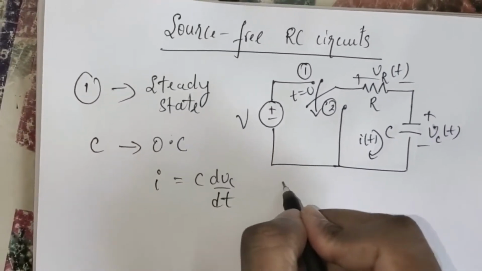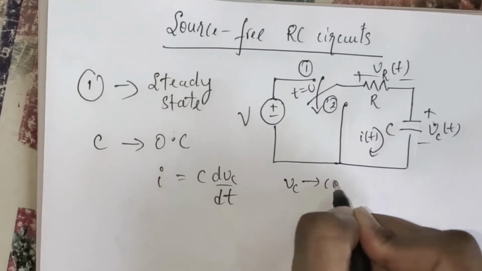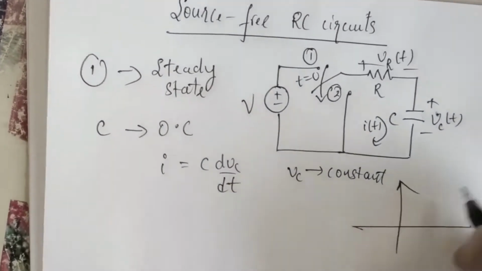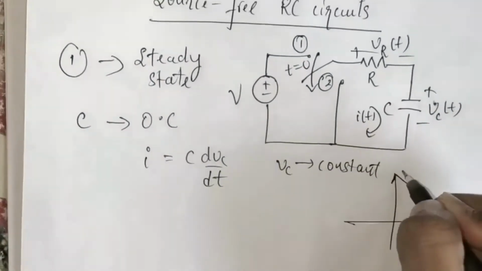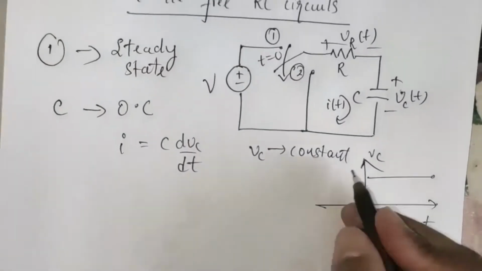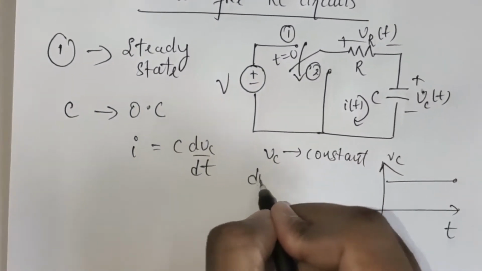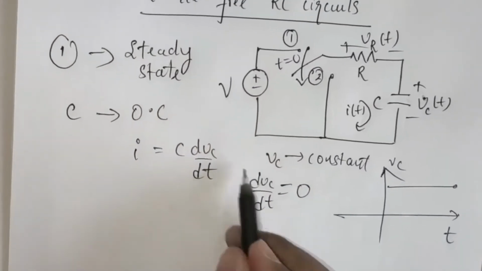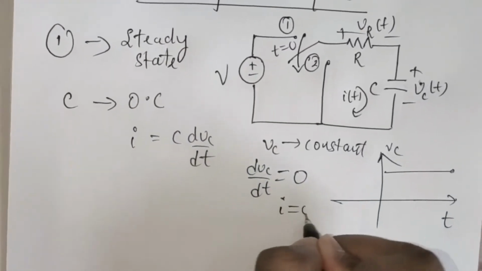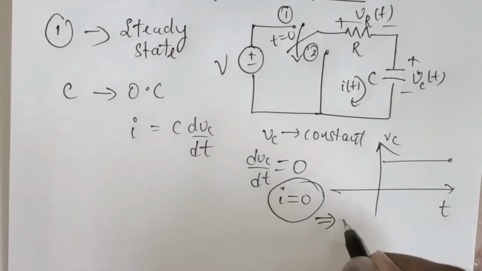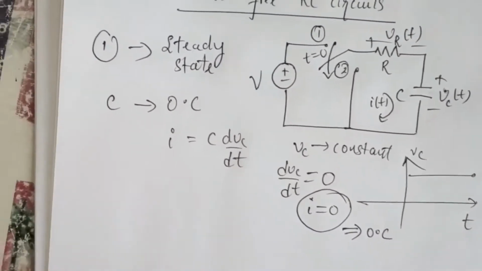Since at steady state Vc is a constant with respect to time, dVc by dt is 0. Since dVc by dt is 0, the current becomes 0. So when current is equal to 0, it means it is acting as an open circuit.